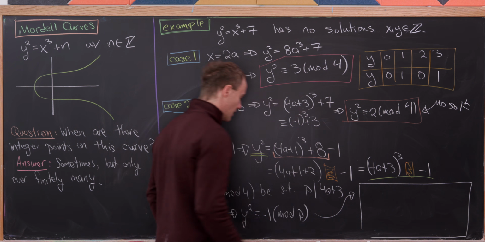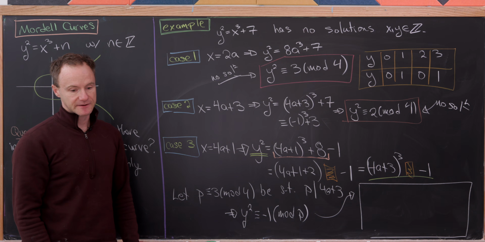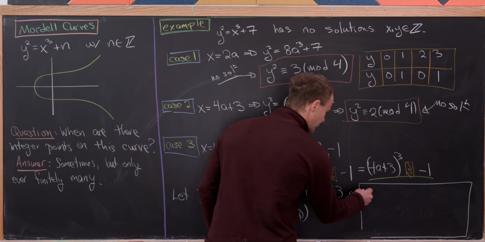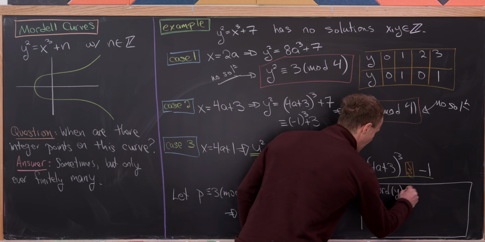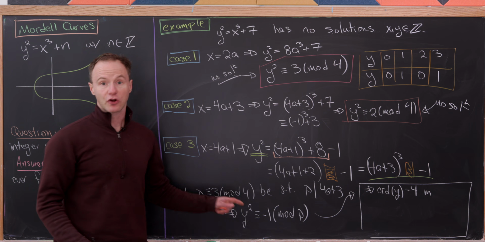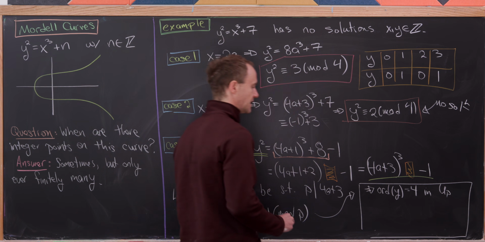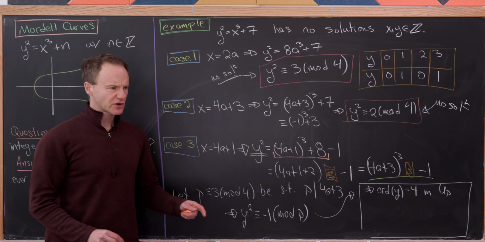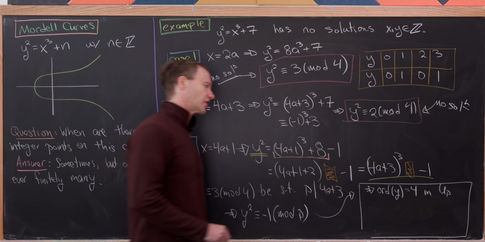We can actually prove that. So let's suppose that this solution was satisfied. Okay, but if that solution was satisfied, then the order of y would be equal to 4 inside of the group of units modulo p, which is called U_p. But then let's recall that the order of an element always divides the order of a group.